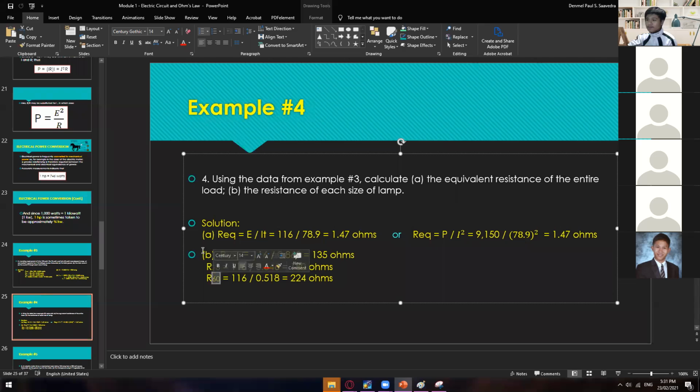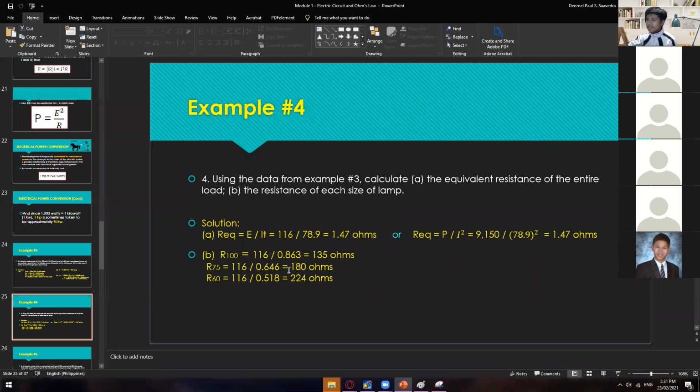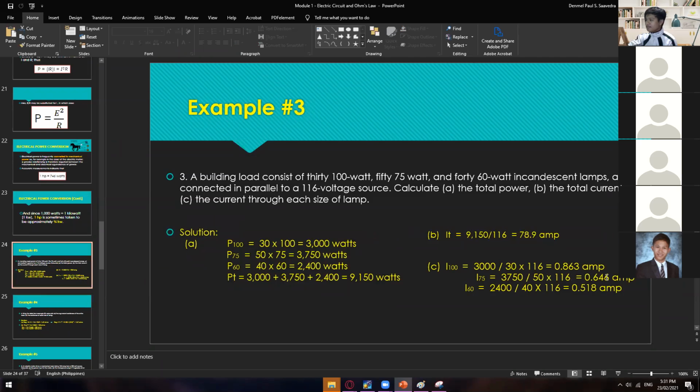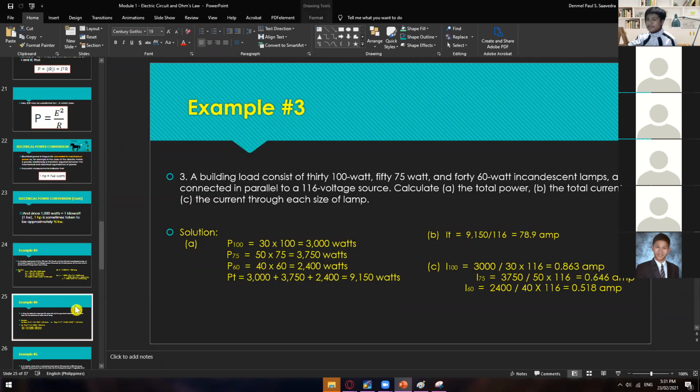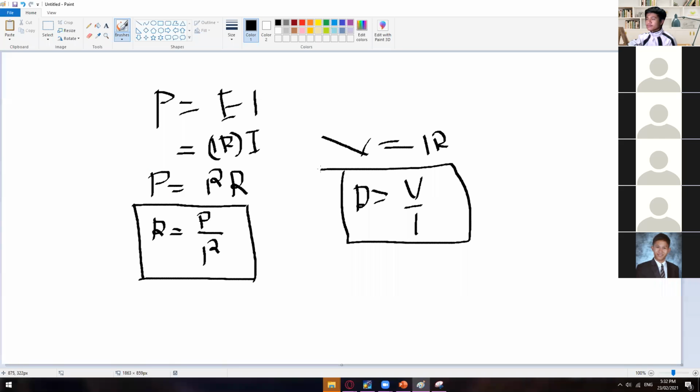From our past example, the currents are 0.863, 0.646, and 0.518 amps. From there, you can get the resistance of each size of lamp. R is equal to V divided by I.